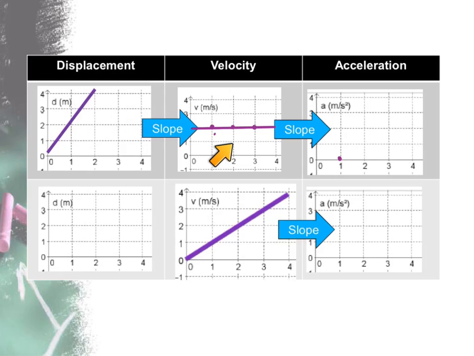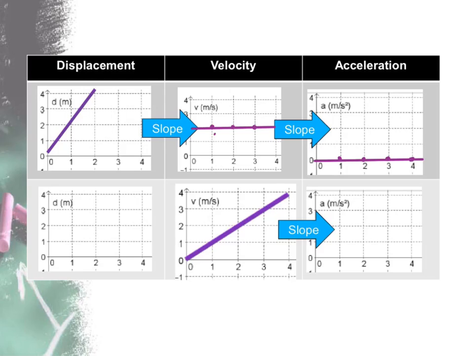If I look at any other point on this line, what's the slope of the line near this point? Well, it's also 0. And then I can go on down the line, and I'm going to find that every point along this graph will give me a slope of 0. Okay. So constant velocity means that our acceleration is 0.